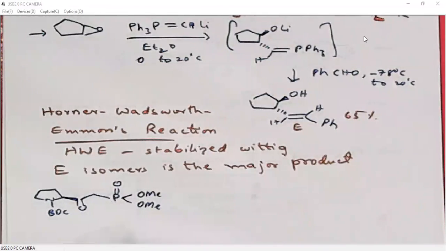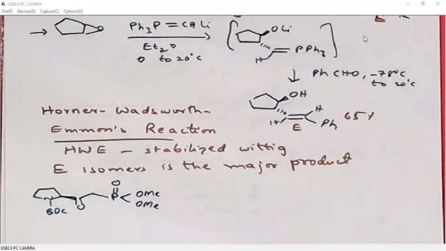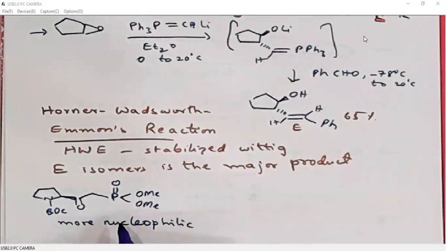But in this case, we are using a phosphine oxide with alkoxy substituents. Because of these, it is a stabilized Wittig reagent. So when we use this, it is more nucleophilic in nature. At the same time, it is a stabilized Wittig.